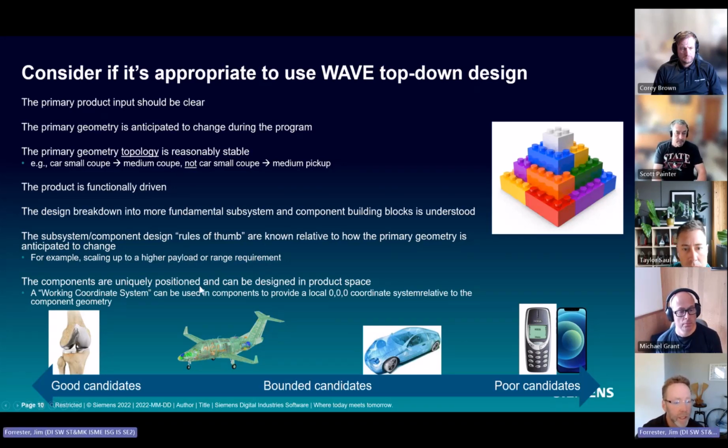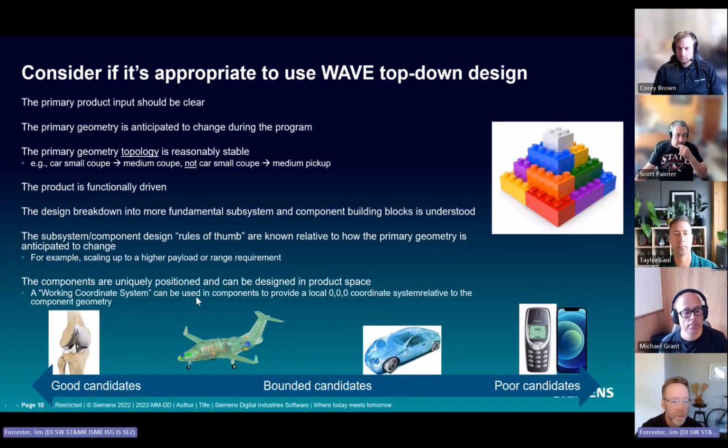The components are uniquely positioned and can be designed in product space. So you wouldn't do this with a bolt. There are bolts used all over the place, but you would do this with a wing spar. You would do this with an upper right skin and so on and so forth. They're unique to that product. They're uniquely positioned.